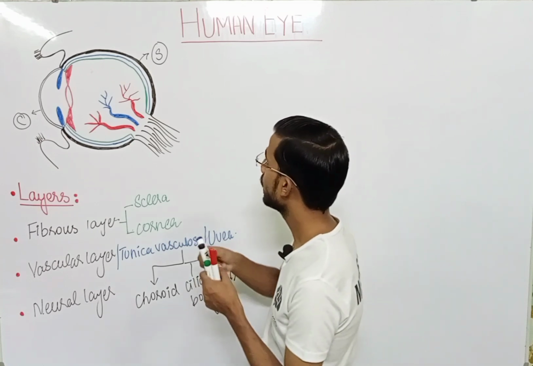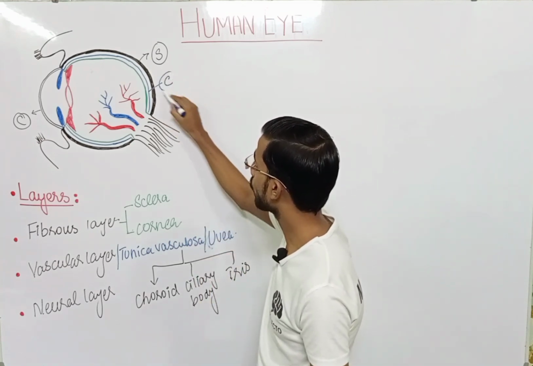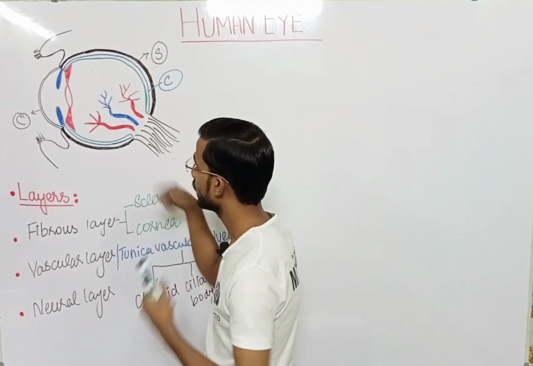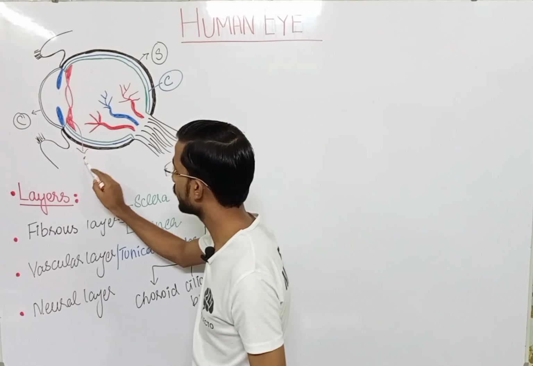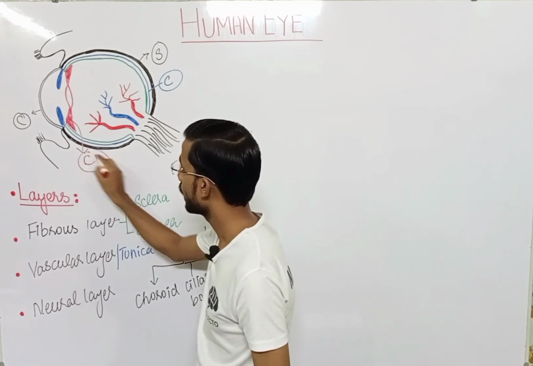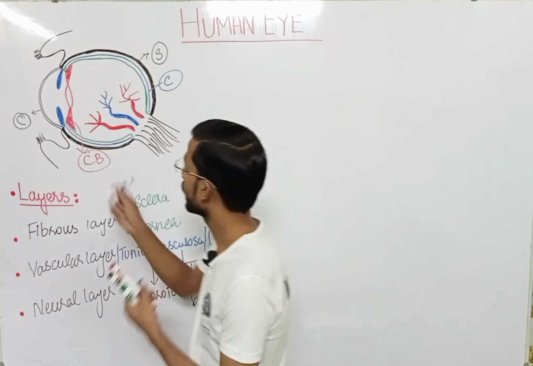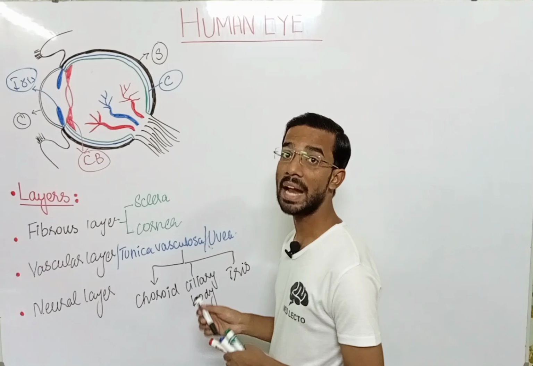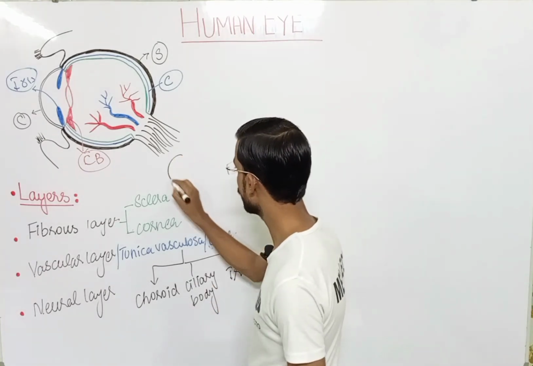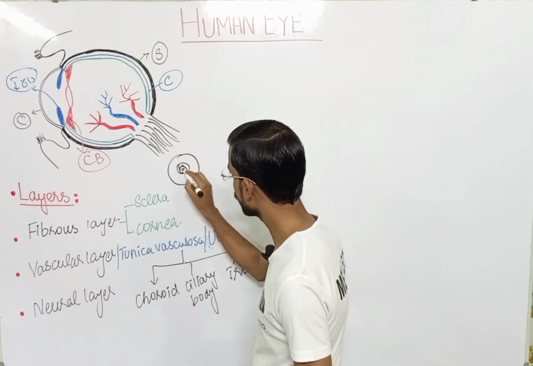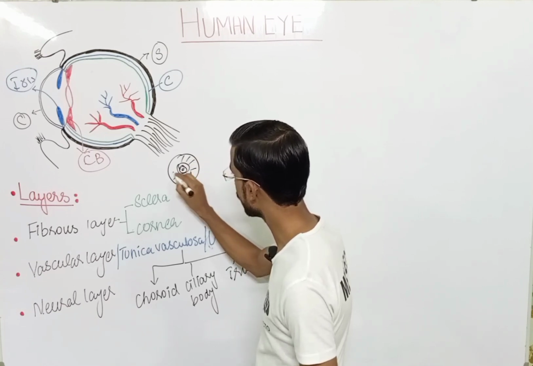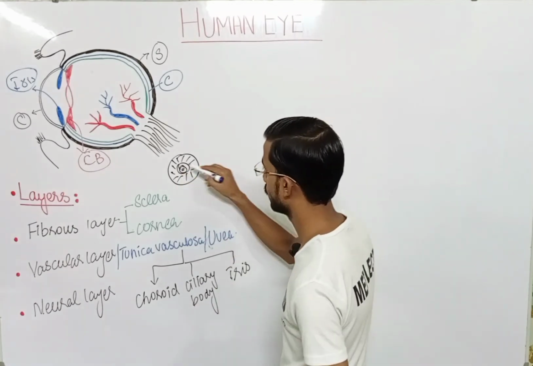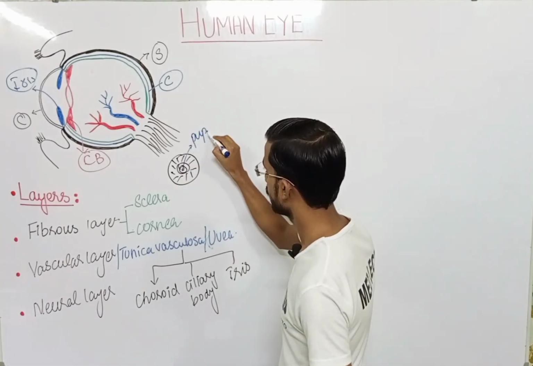The middle layer is the choroid, the ciliary body is present at the anterior side of the eye, and this is the iris. In the anterior view, the iris looks circular and radial, and the opening is the pupil.